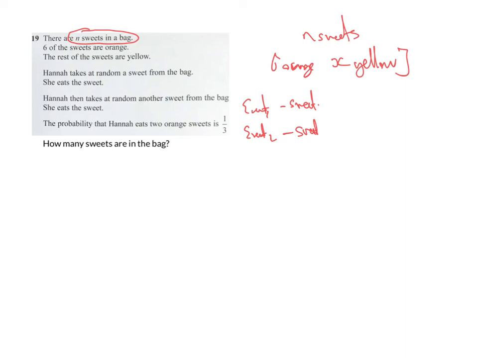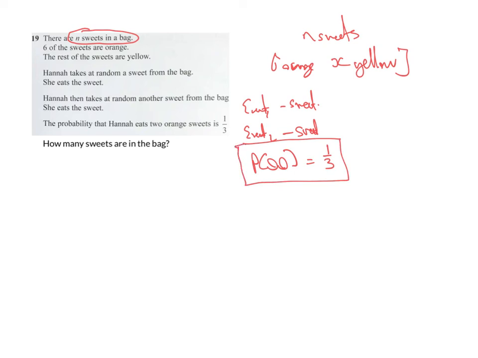The probability that Hannah eats 2 orange sweets is a third. So we have the probability of orange and orange equals a third. So there we have a number, okay? We know that some probability is going to equal a number. So there is the body, or the skeleton, I suppose, of our equation, okay? Something equals something.